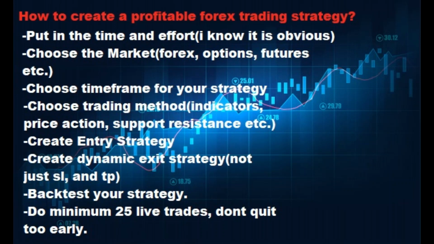Because I see so many traders overwhelmed with information, and that is not good when you establish your strategy. So the third thing is to choose a method. For example, you can choose indicators, price action, Fibonacci, support, resistance, Elliott waves.